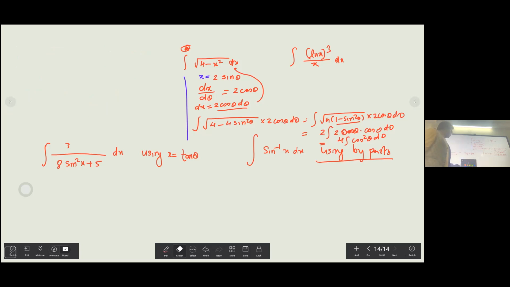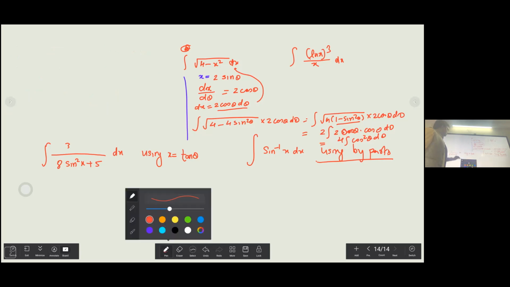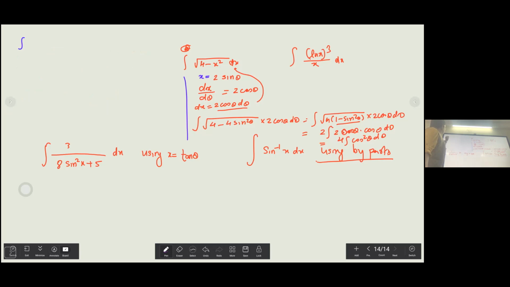So integration of 4 cos square theta d theta. 4 can be taken outside, integration of cos square theta d theta. Cos square theta can be written as 1 plus cos 2 theta divided by 2 d theta. By heart, you should remember that in place of cos square theta, I can put 1 plus cos 2 theta divided by 2. From where? We're using double angle.